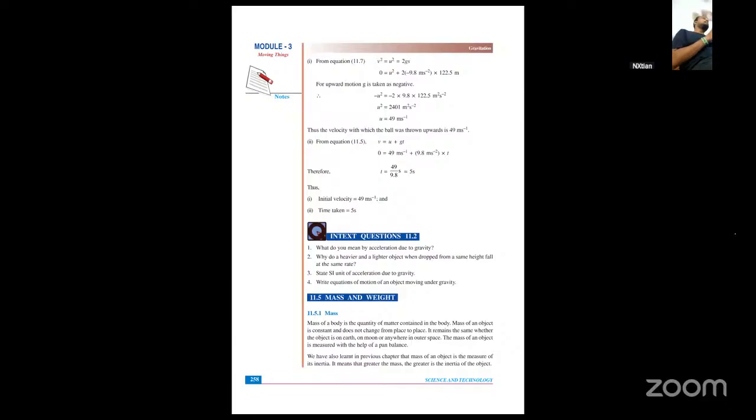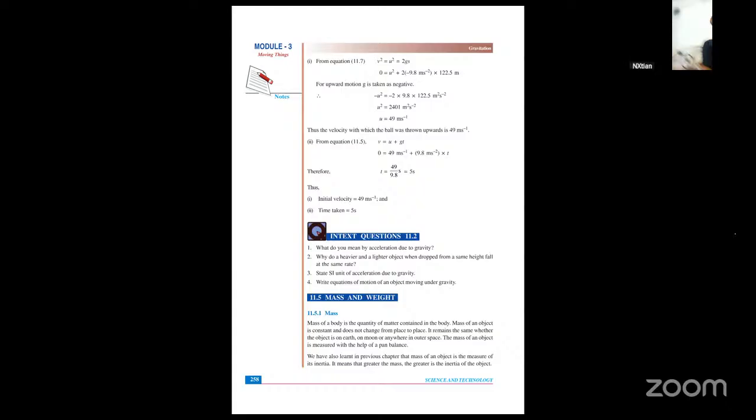Okay, mass and weight. So I will ask Betya. Betya, what do you understand by mass and weight? Like, what's the difference? What are your views on mass and weight? I have no idea.